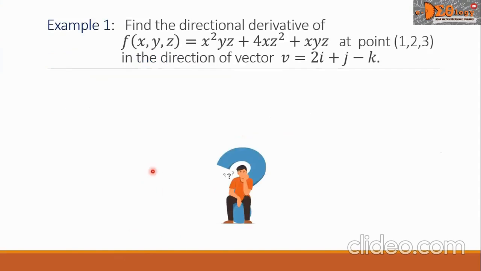Now example 1, find the directional derivative of f of x, y, z equals x squared yz plus 4xz squared plus xyz at point (1, 2, 3) in the direction of vector v equals 2i plus j minus k.